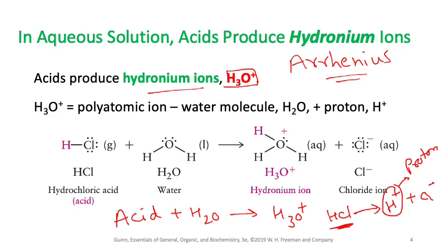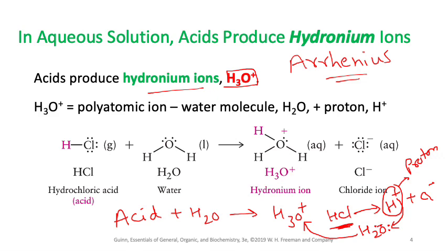If I dissolve this hydrochloric acid in water, we have H2O, and this H2O has a lone pair. Because of the presence of the lone pair on water, this proton can bind with the oxygen to produce H3O+, which we call a hydronium ion. So both definitions are right. Acids are those compounds that can produce a proton when dissolved in water, or a hydronium ion. Both are the same thing.